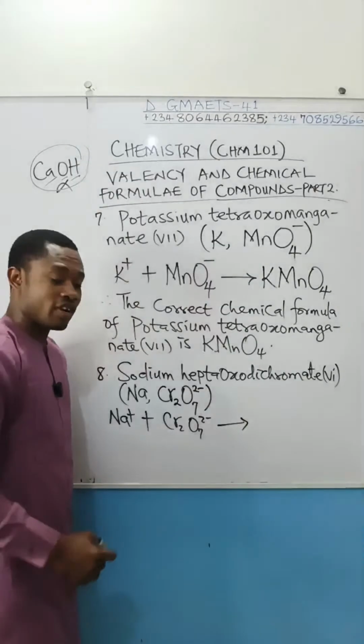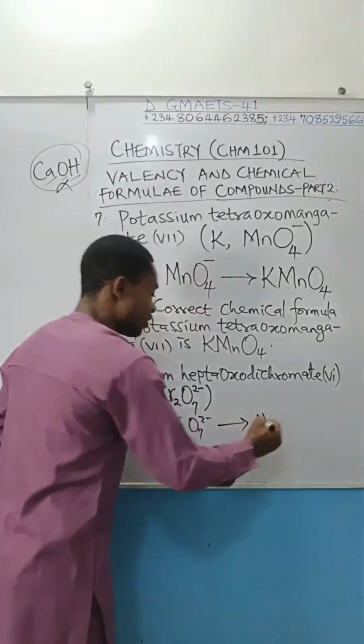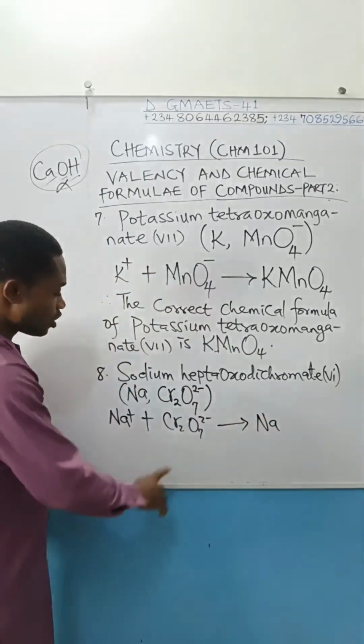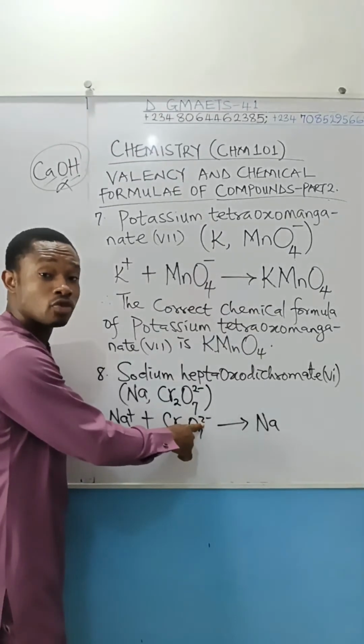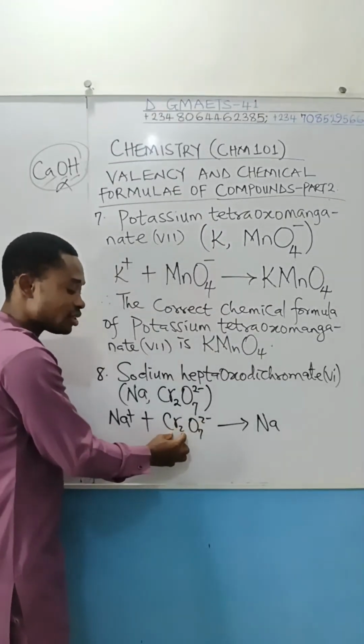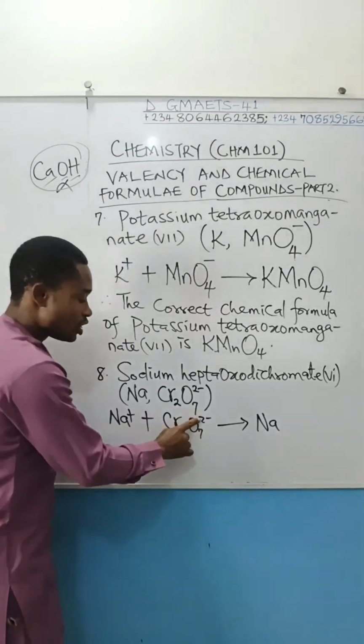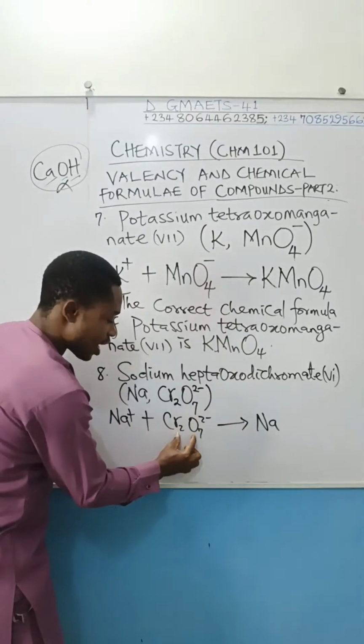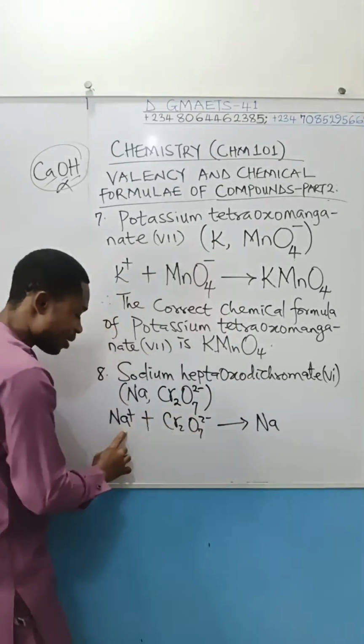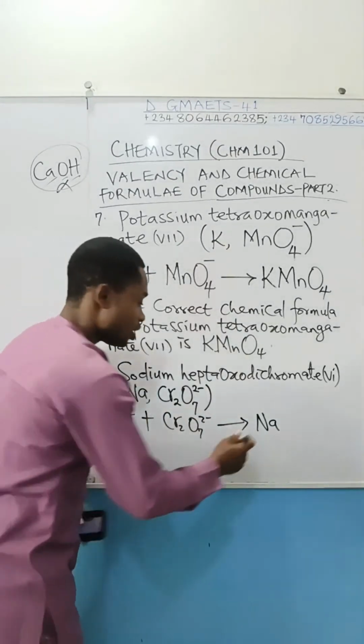Once they interchange their valency, I'm writing the positive element first, which is sodium. Of course, you know it is going to receive this valency of 2 from heptoxodichromate 6.